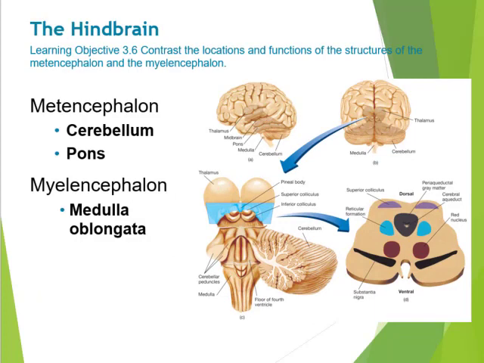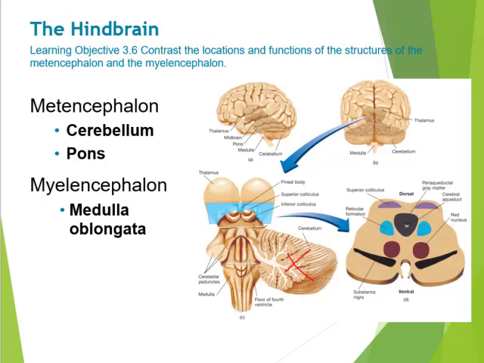So in this visual, I have listed some other important regions of the hindbrain, including the metencephalon and the myelencephalon. So the metencephalon includes the cerebellum, which is this area here, and that receives visual, auditory, vestibular, or movement and balance information, as well as somatosensory information about individual muscle movements.